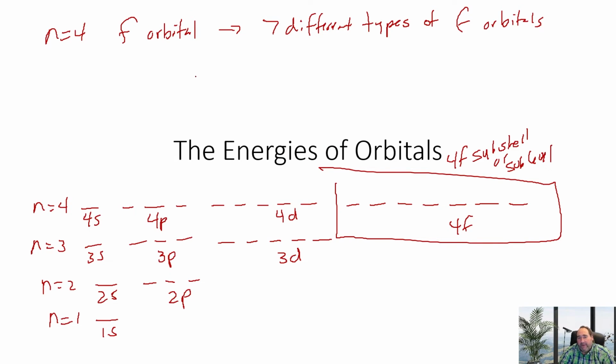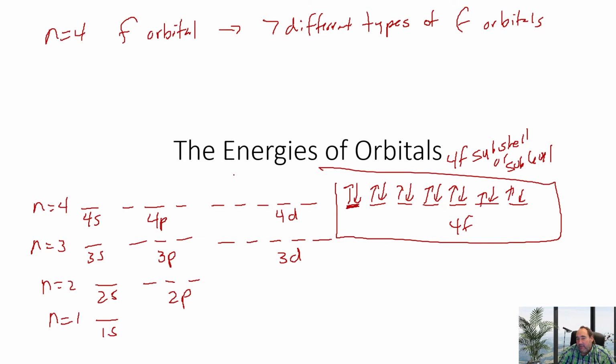And as you can imagine, if there are 7 different orbitals and each individual orbital can hold 2 electrons, that's 1, 2, 3, 4, 5, 6, 7, 8, 9, 10, 11, 12, 13, and 14.